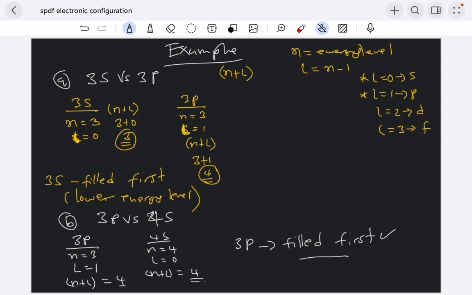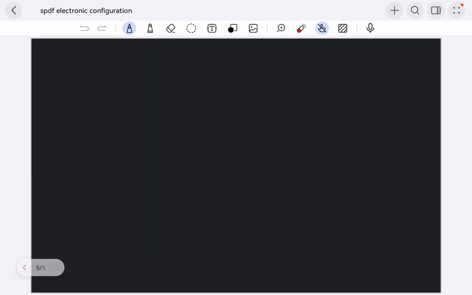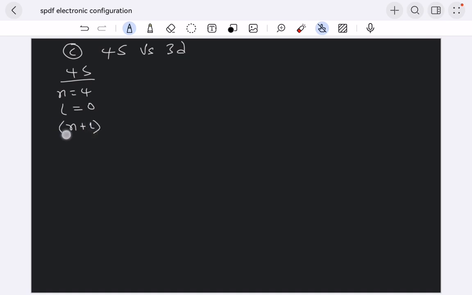Let's look at another, last example, which is C. 4s is competing with 3d. So for 4s, our n is equal to 4, our l is 0. Therefore n plus l will give us 4.